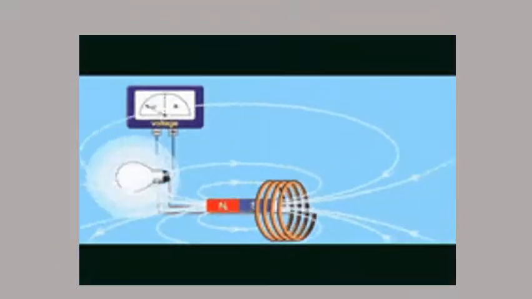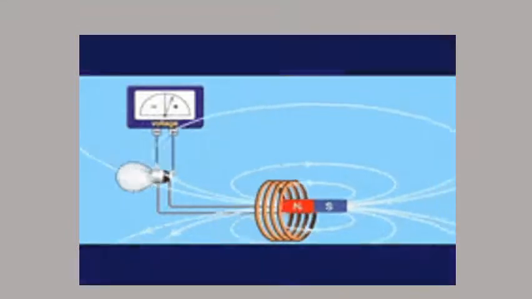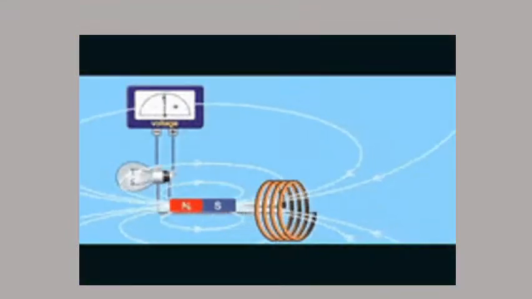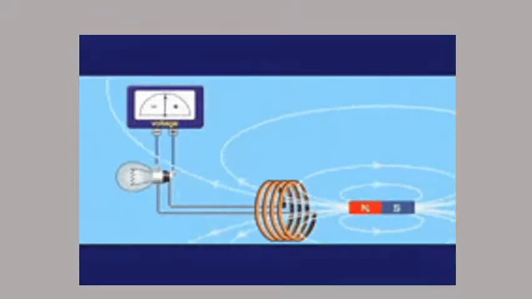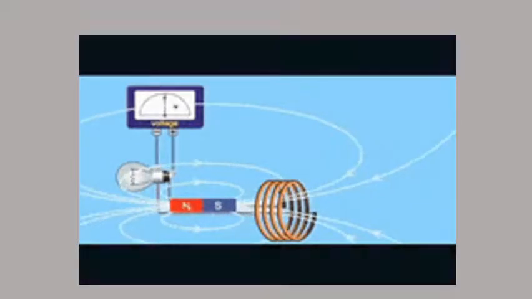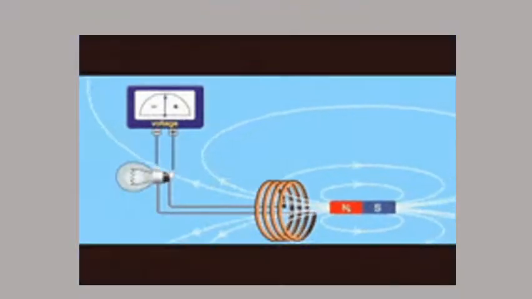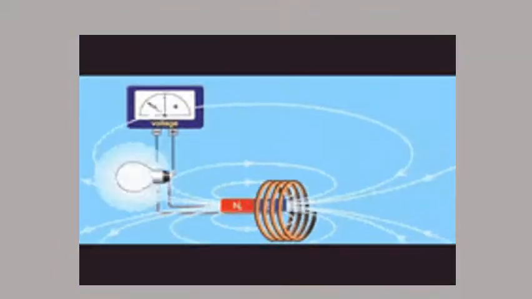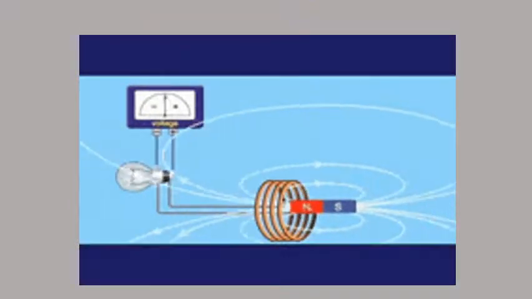Now why is this current flowing, and where is it coming from? It is because of the relative movement of this bar magnet, this permanent magnet, towards the coil or away from the coil. This permanent magnet has its own magnetic field, so when this magnetic field interacts with the coil, the electrons of this coil start moving under the influence of this magnetic field.